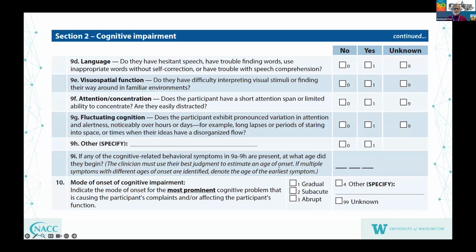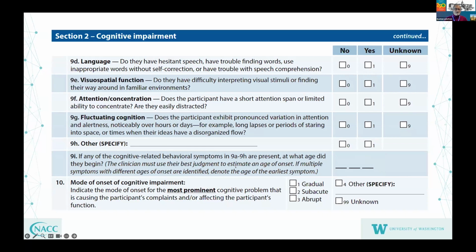We also ask you to decide the age. So this is the point I was making before. We're asking you to look for the earliest symptom in aggregate of the symptoms that you rated before. So once you've rated what symptoms you think are present, you'll then go back and think about which was the earliest age of onset and put down in your best judgment what that was.